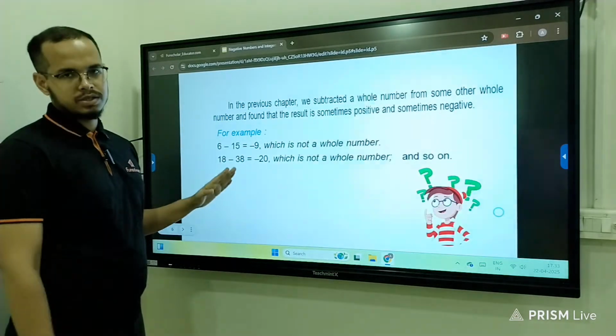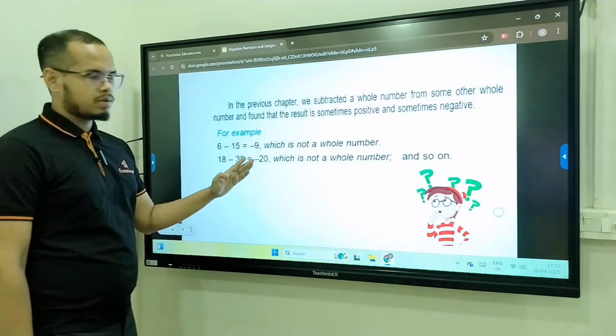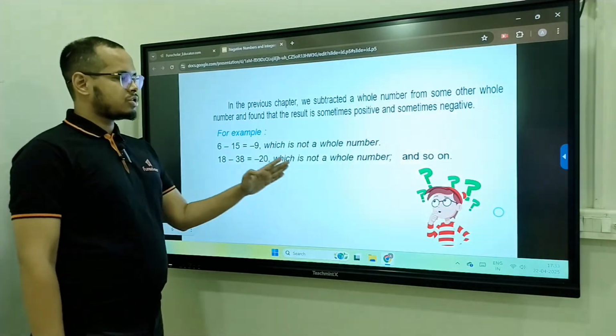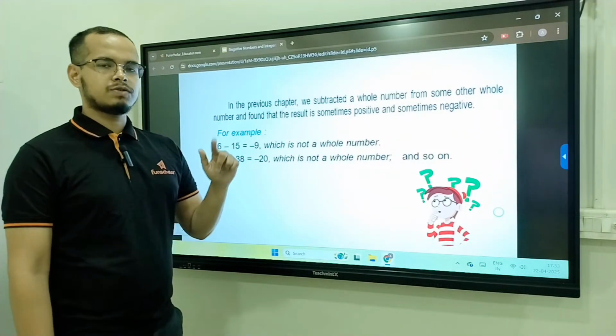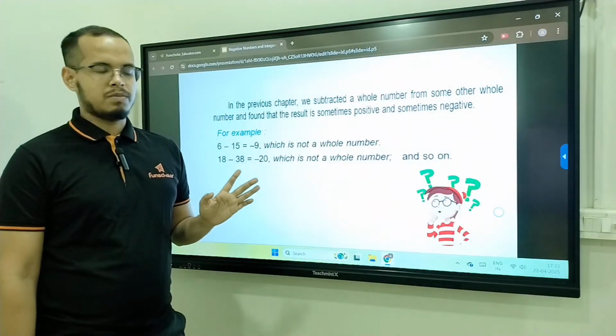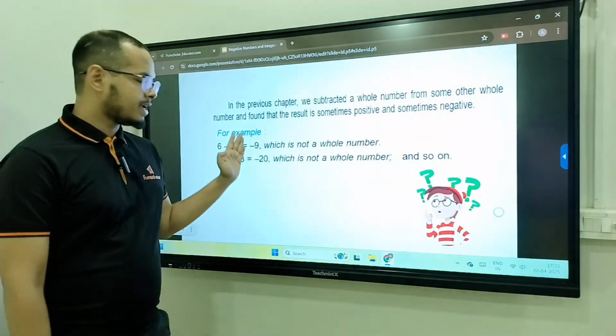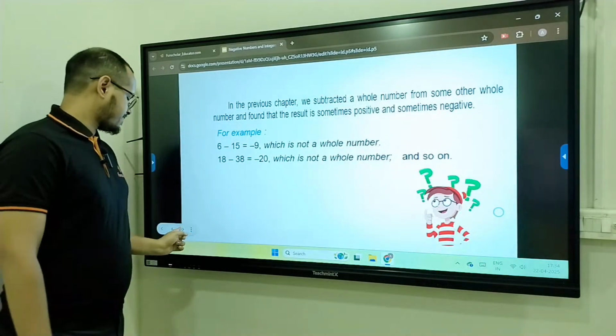So we are getting the minus term. That is why minus 9 is given here. So 18 minus 38, we are getting again minus 20, which is not a whole number. We have already understood, right? A whole number starts from 0, and from 0 all the positive natural numbers. So these minus signs, minus 9 and minus 20, are nothing but integers.